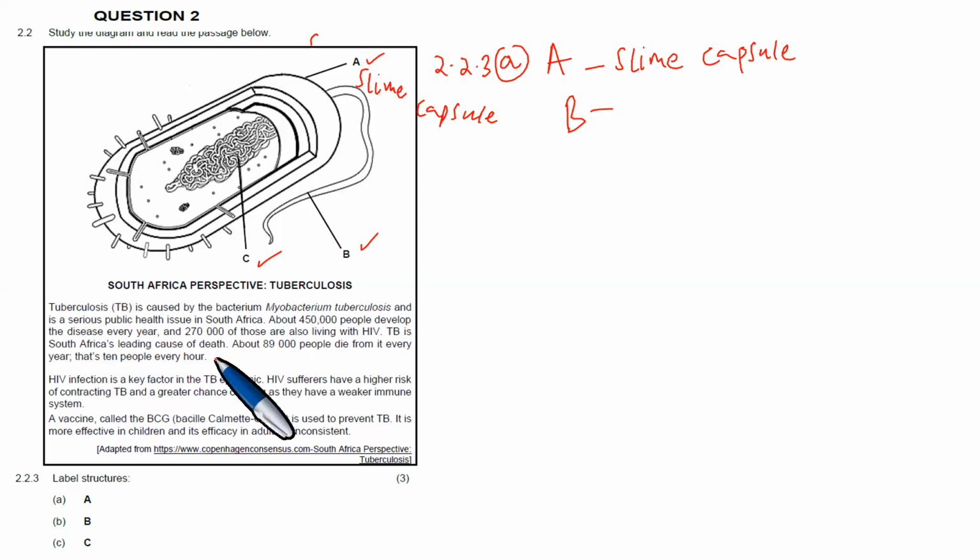This little tail is called the flagella. So part B is called the flagella. And then there's part C.